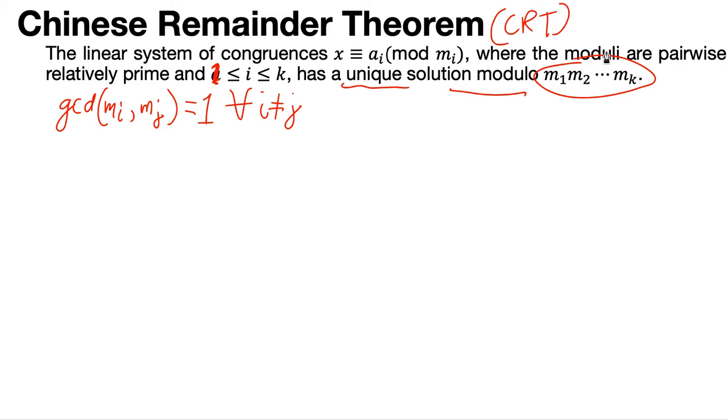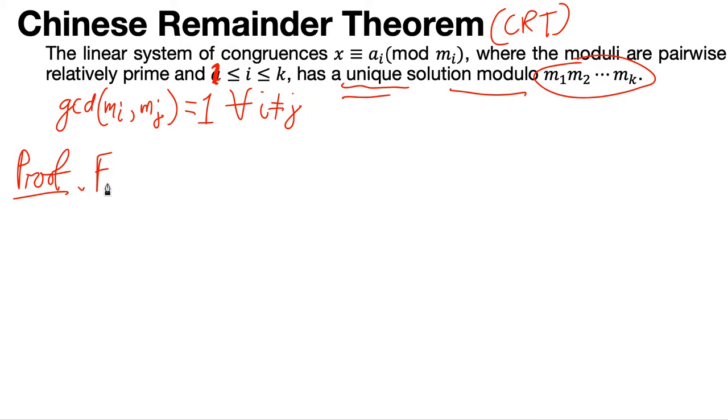Okay, so let's give a proof of this theorem. The proof is going to be in two parts. We'll first have the existence proof, that there exists a solution, and then we'll have the uniqueness proof, that the solution is unique. So maybe we want to put that in words.